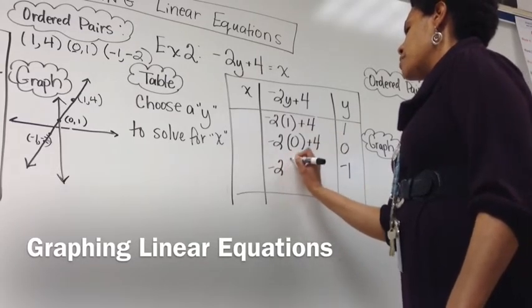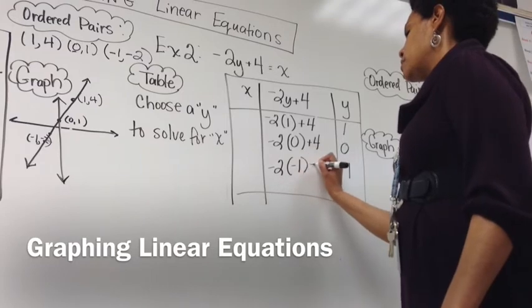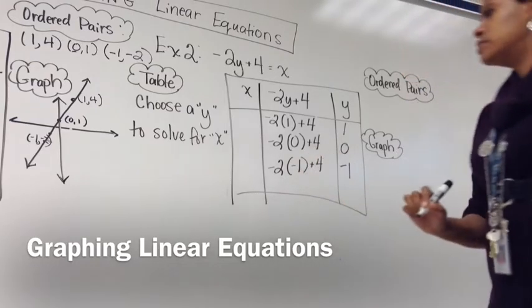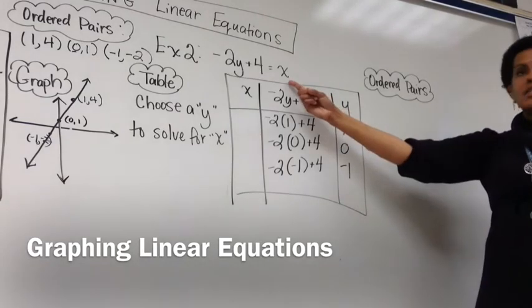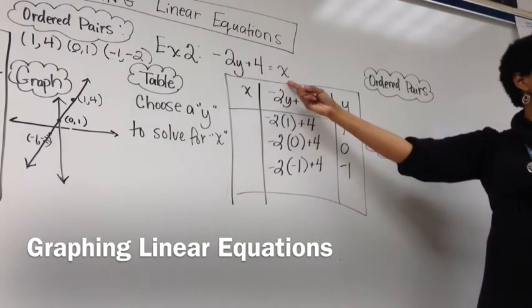And the last time, I'm going to plug in a negative 1. And this is totally weird for us because we are so used to solving for y. But because x is by itself on this side of the equal sign, let's solve for x this time.